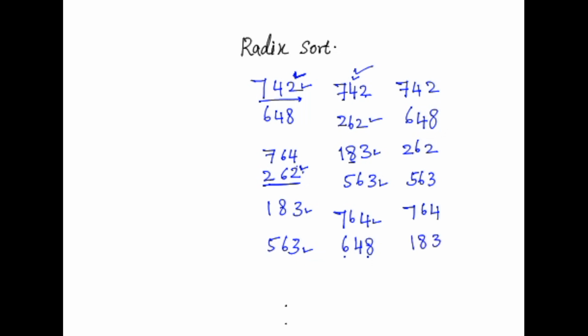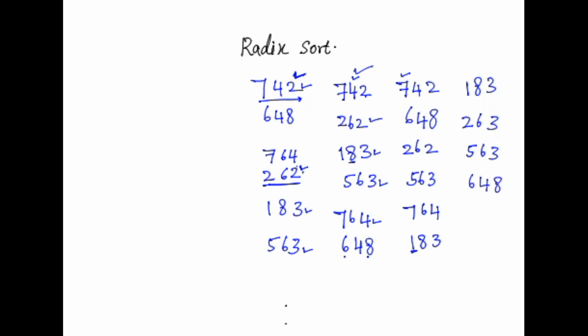So I have 183. Now again I'm going to apply this algorithm on the third digit. I apply the same algorithm. I look at the first one, which is 183 because that is the smallest one. So I write 183. Next I should write 262, then 563, then 648.